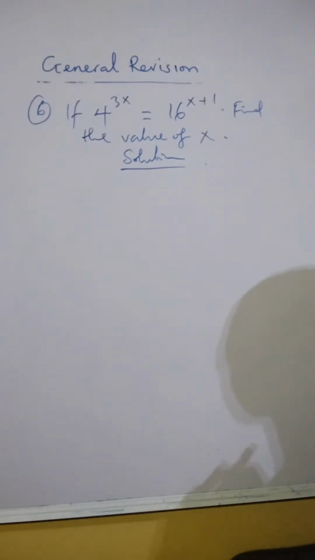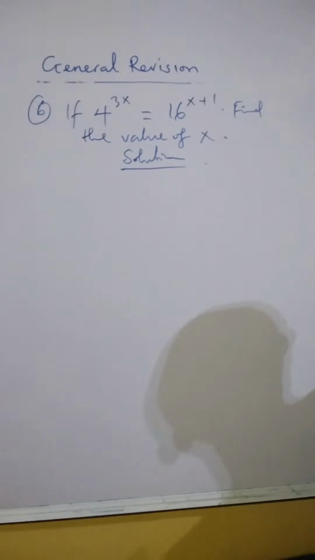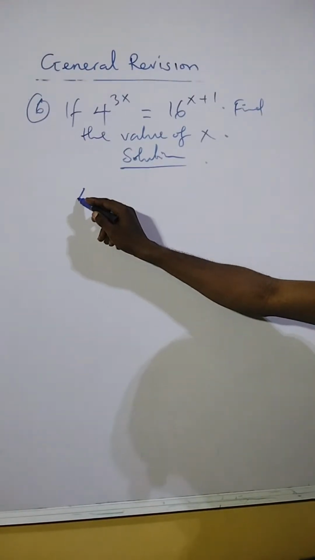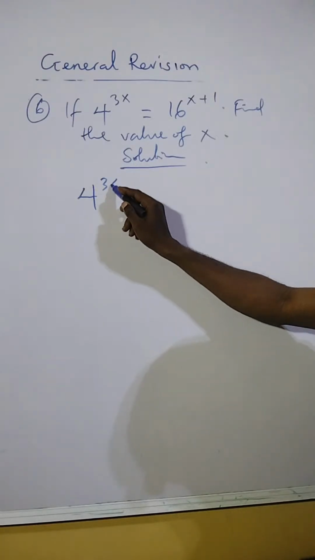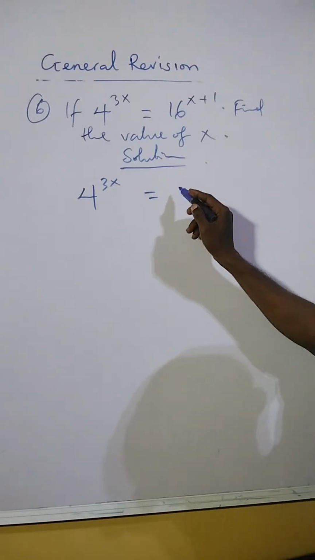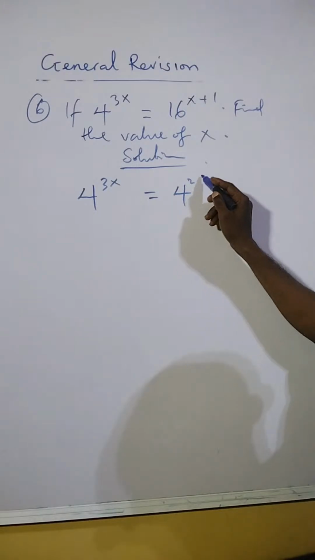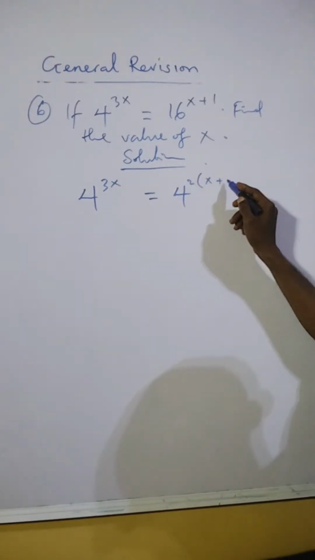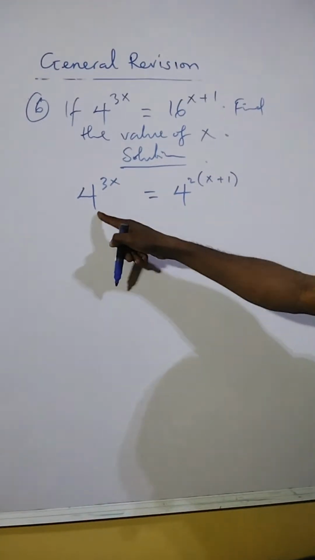Now, solution here. From what we have, we can write the two sides in the same base. We have 4 raised to power 3x equals to 16, which can also be written as 4 squared, then raised to power x plus 1. We have base 4 now.